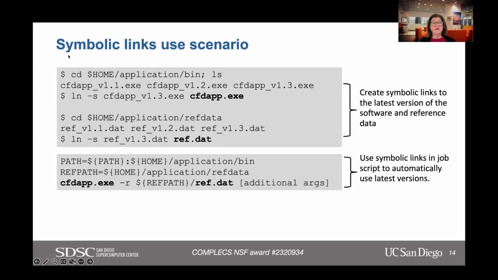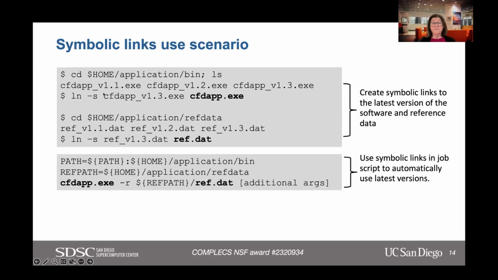And so now we're in some area where we would imagine is an application with a binary directory, and we list this executable cfdapp_v1.1. We have a v1.2, a v1.3.